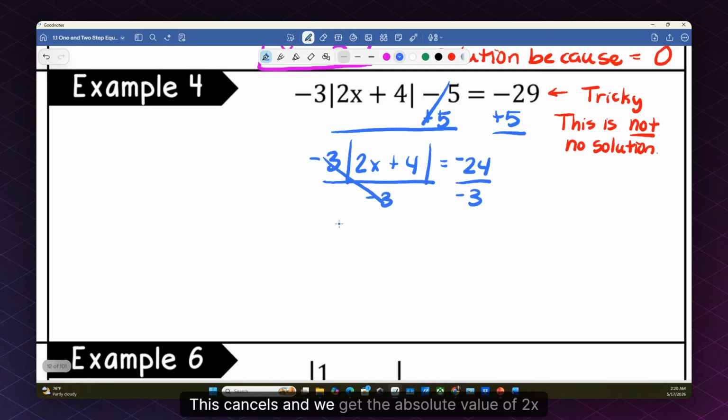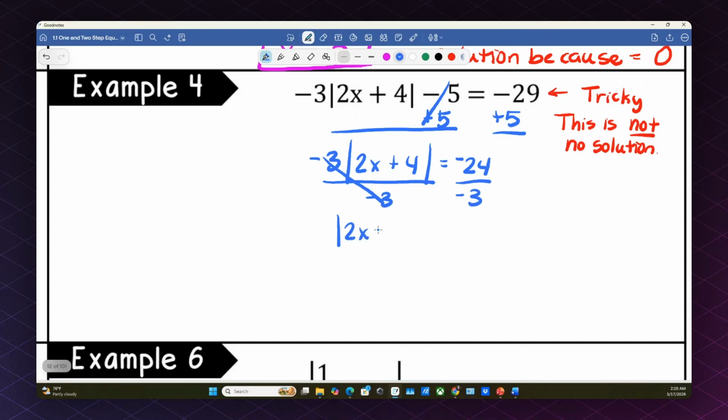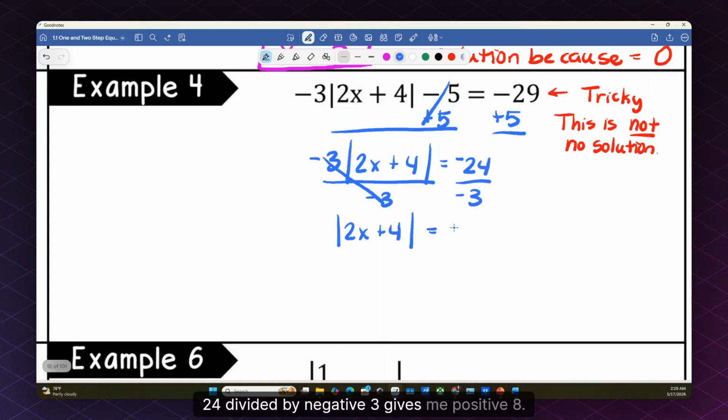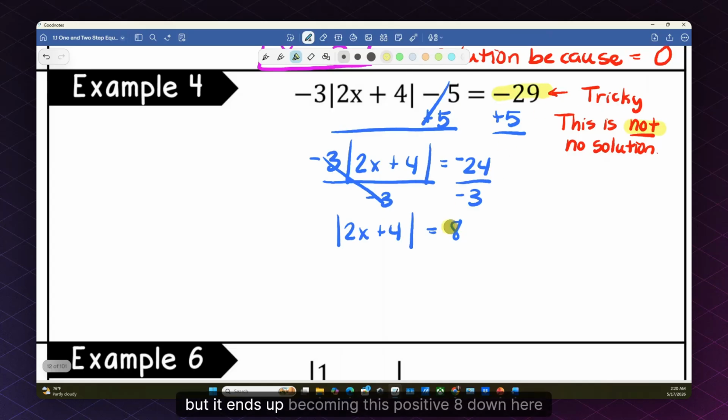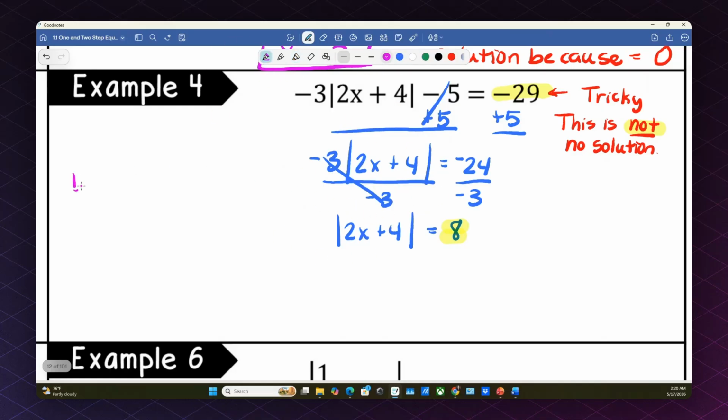This cancels, and we get the absolute value of 2x plus 4 equals negative 24 divided by negative 3, which gives me positive 8. This is why this is going to be a two-solution problem. So this portion up here might end up throwing you, but it ends up becoming this positive 8 down here once we've isolated the absolute value. So let's go ahead and break it up into our two equations.